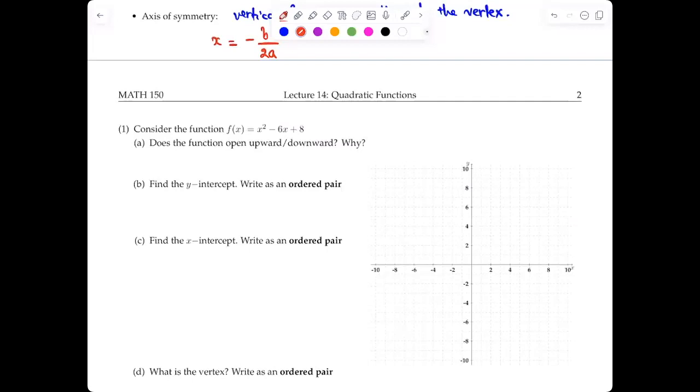In front of what? x squared, right? So you want to look at the value in front of x squared. What is the value in front of x squared? Positive one. So therefore, the parabola opens upward. There you go. So you analyze the problem, right? This parabola opens upward because a is equal to 1, which is positive.